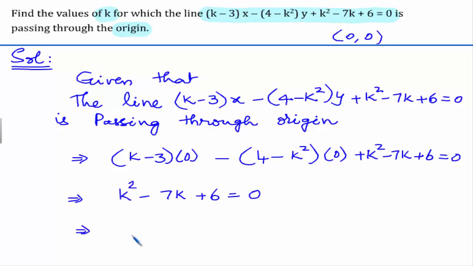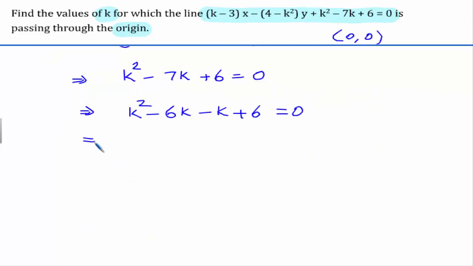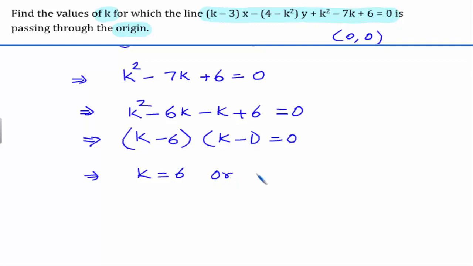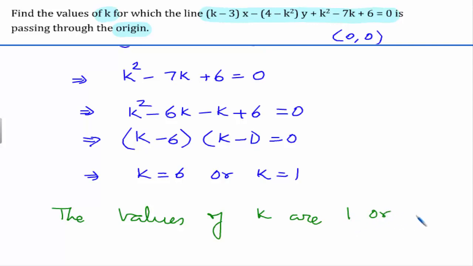Now if you factorize this, k square minus 6k minus k plus 6 is equal to 0. Now this can be simplified further as (k minus 6) into (k minus 1) is equal to 0. So this will give us k is equal to 6 or k is equal to 1. So the values of k are 1 or 6.